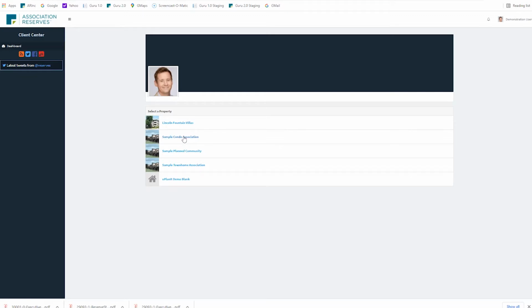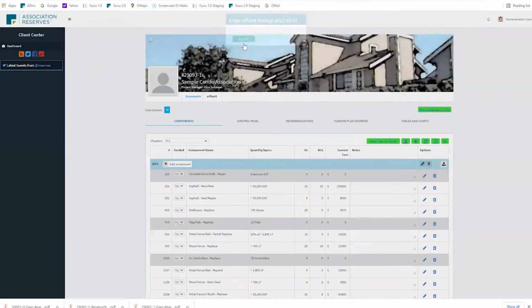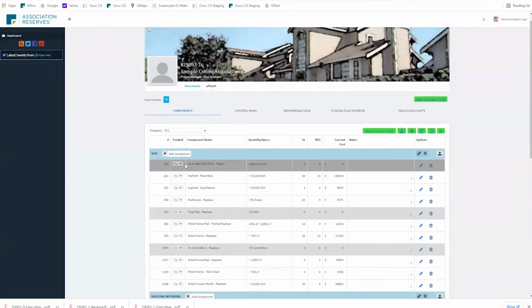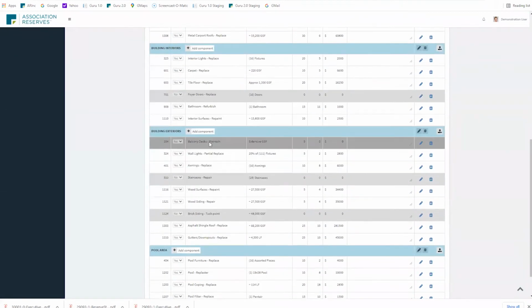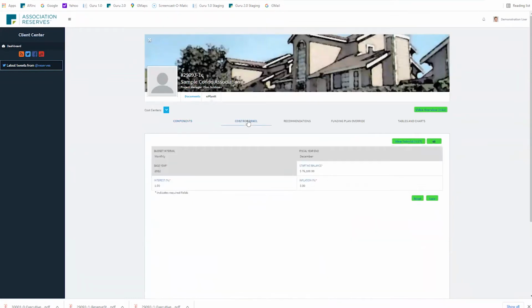Exactly. Let's pick this sample condo, and let's pop right into uPlanIt. And let's take a look at this place. They have site assets, building interiors, building exteriors, pool area. So let's go right in, and let's say they were able to, you saw there's 1% interest.